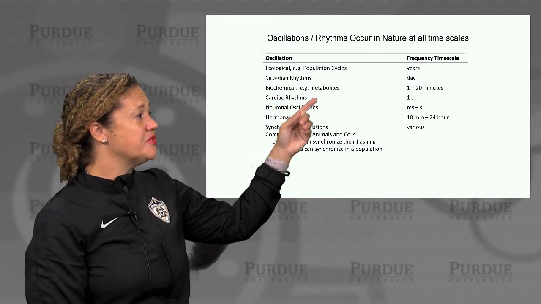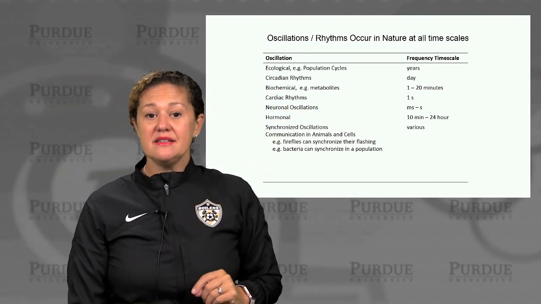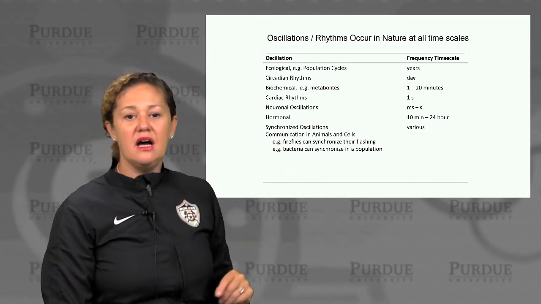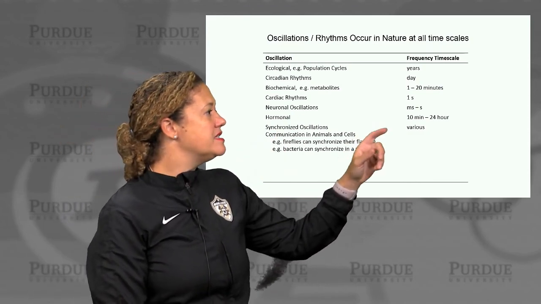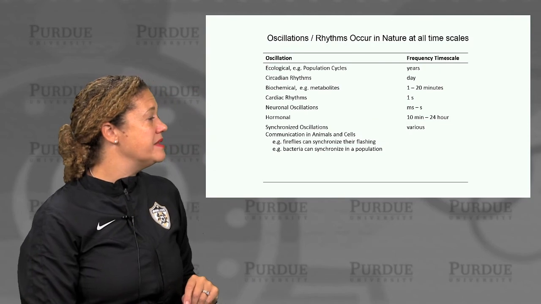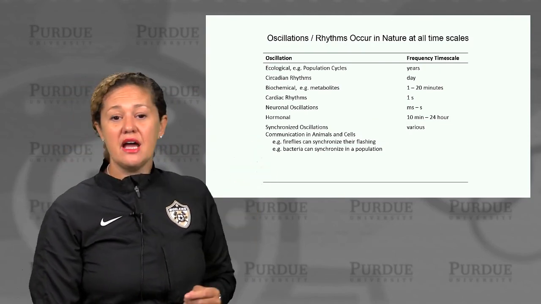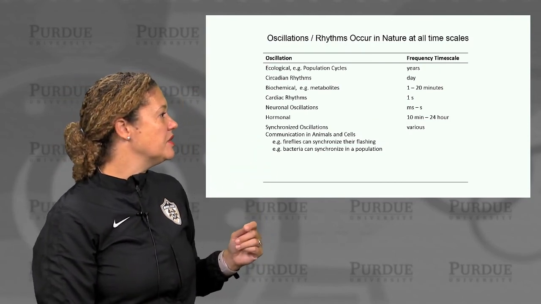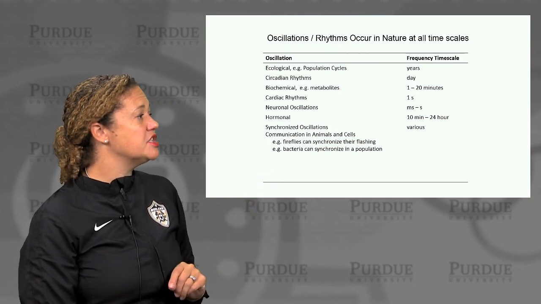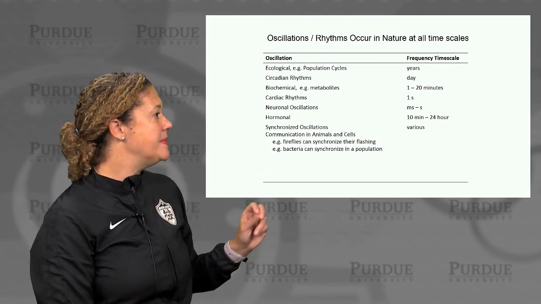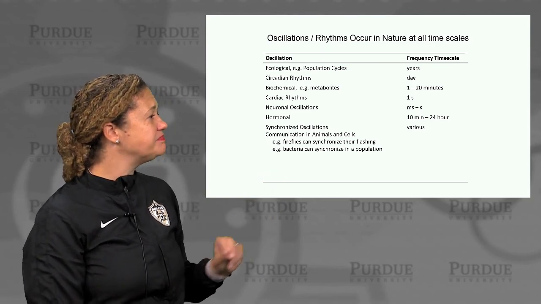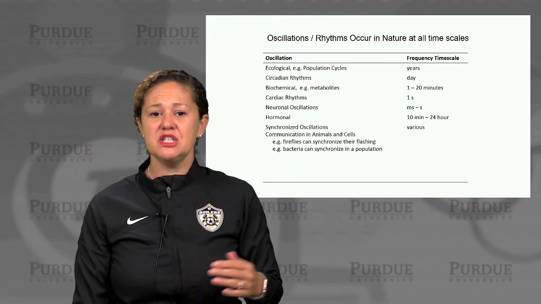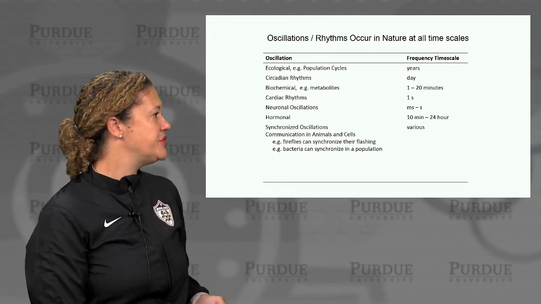Biochemicals inside cells, for example, metabolites, oscillate within glycolysis and other systems, with timescales that can be on the order of minutes. You have cardiac rhythms with rhythms on the order of seconds. Neuronal oscillations are often much faster than that, millisecond to second timescales. Hormonal oscillations from minutes to hours to the day.